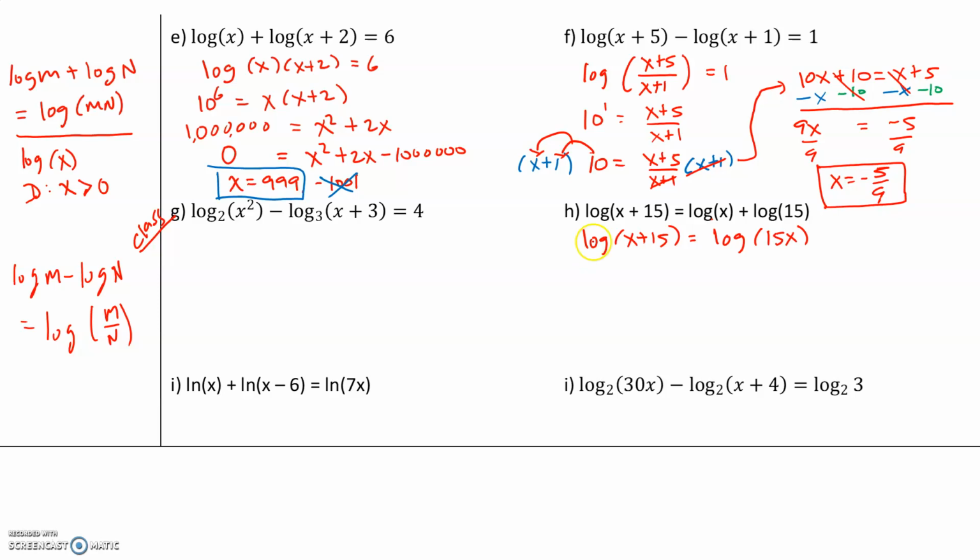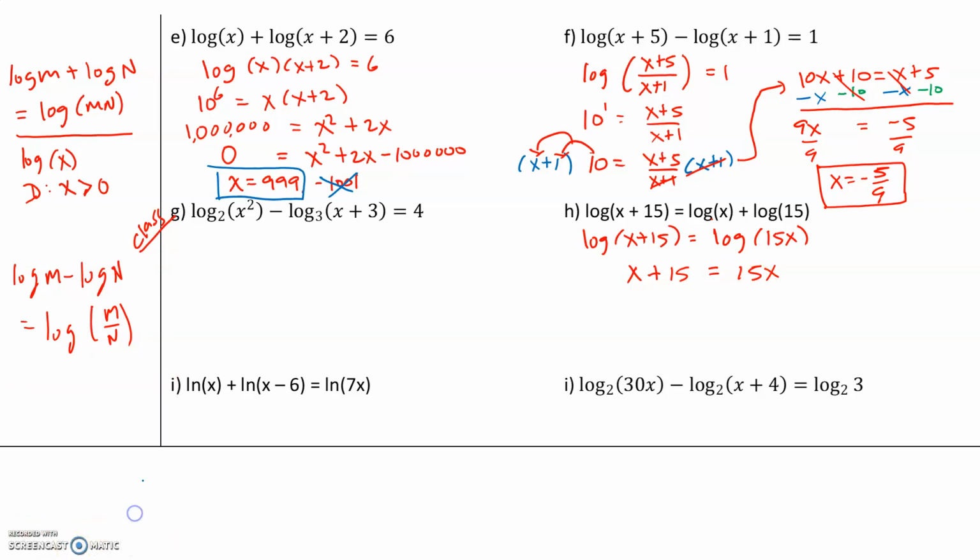Because we have a log on the left, and because we have a log on the right, and not a log on one side and a number on the other, we can kind of ignore the log because it's common to both sides. And we can say that x plus 15 equals 15x. Now we have to move all the variables to one side.